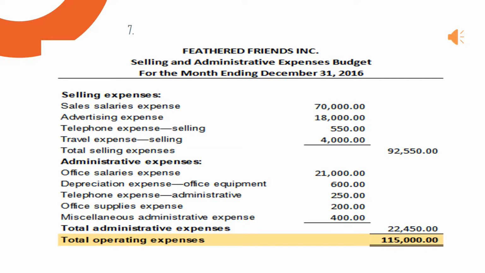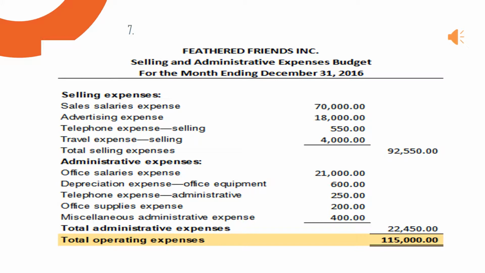For the preparation of the selling and administrative expenses budget, the problem already gave us the following amounts for the selling expenses. So we have sales salaries expense of $70,000. Then we have advertising expense of $18,000.